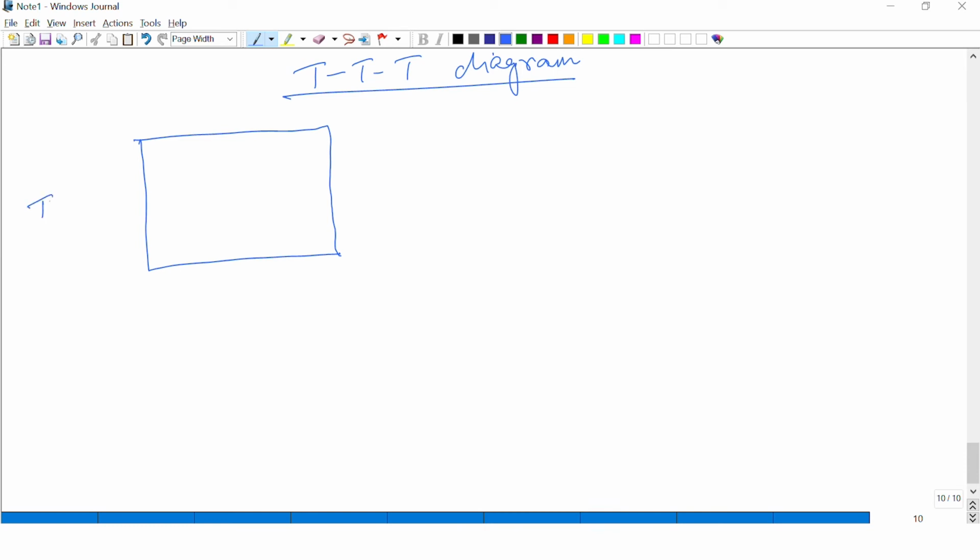The y axis is the temperature, and x axis is time in log scale.